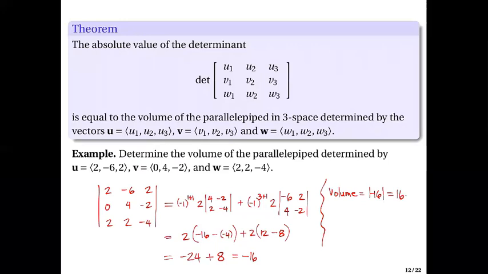Yes, question? Aren't we missing one of the coefficients? I see the one for 2, I see another one for 2, but I don't see the one for 6. No, I am expanding along this column. Oh, okay. Sorry.